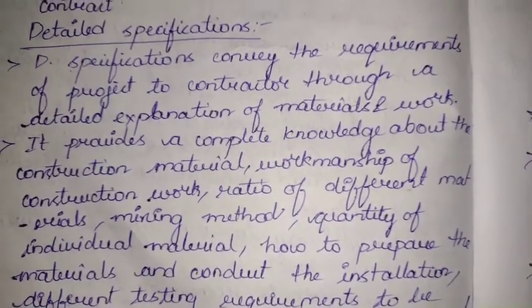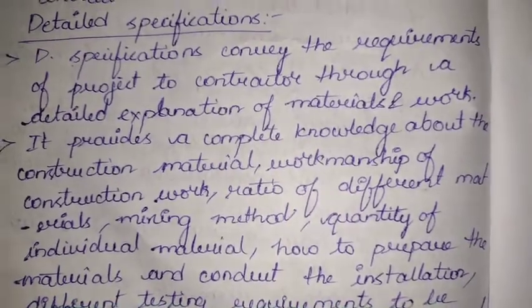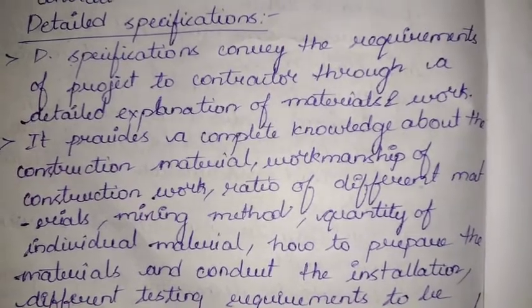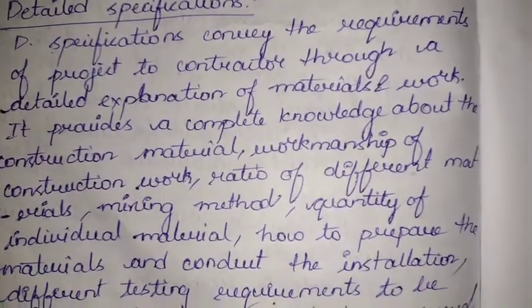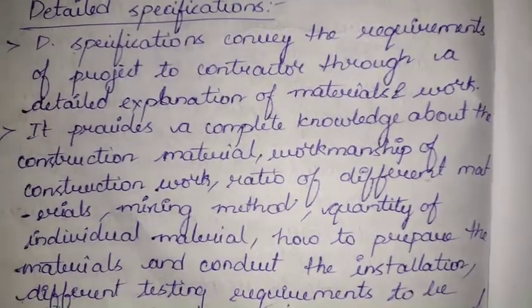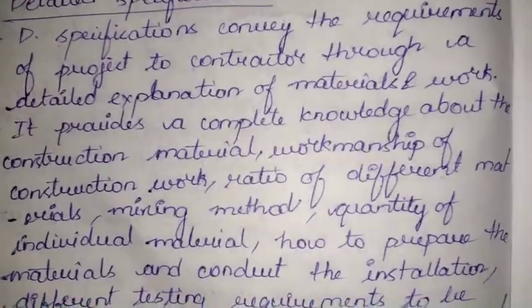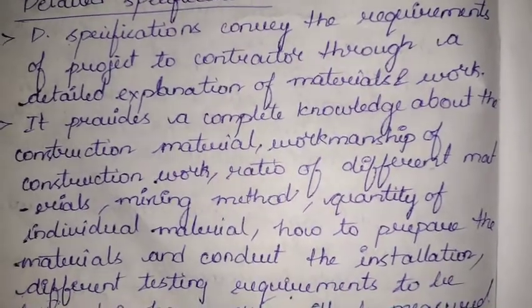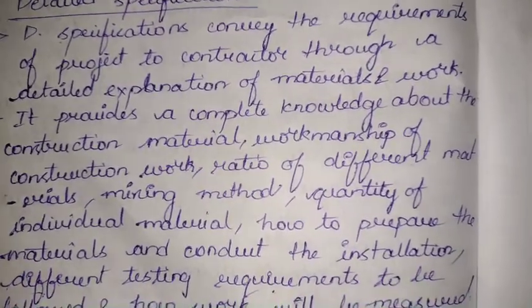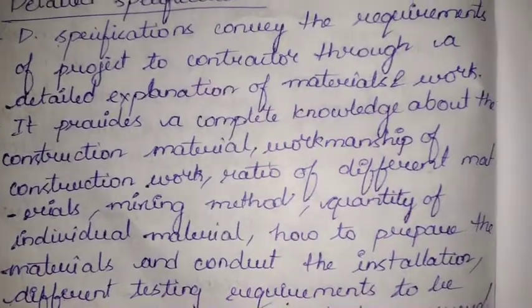Whenever we go through any item of work, we get to know what materials are required to prepare it, how much work is there, and how many laborers are required. We get to know about each criterion of that work.